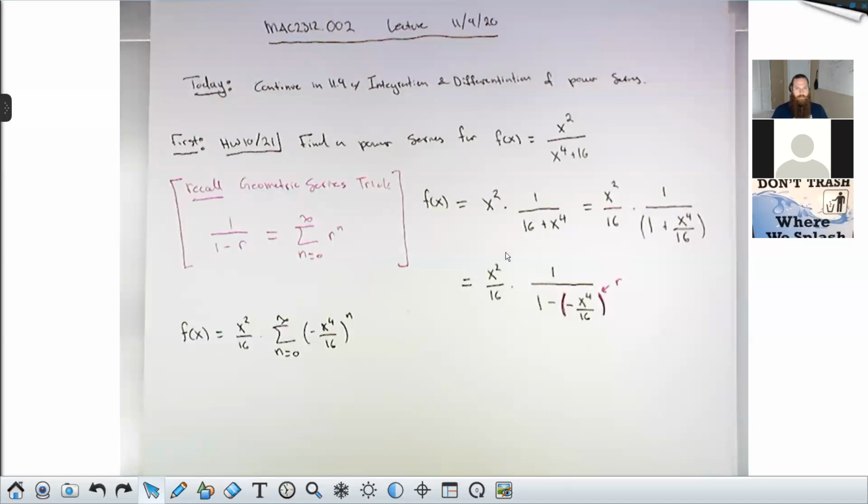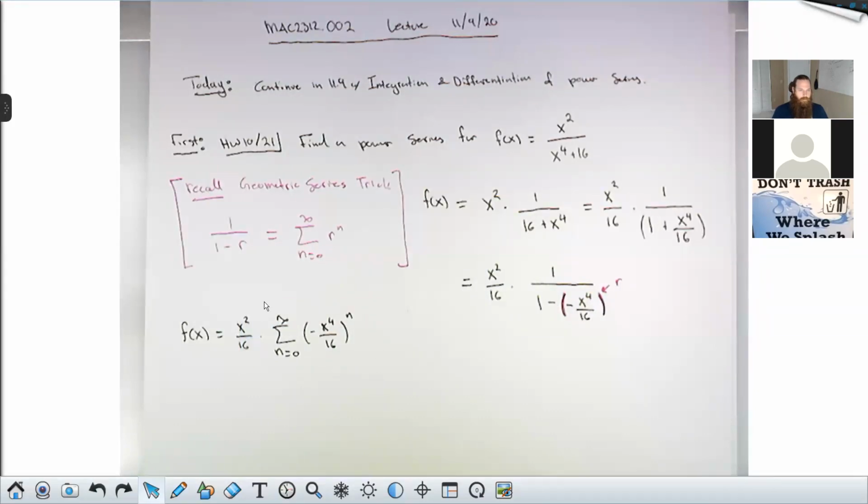Everybody see that? This is 1 over 1 minus r, where r is negative x to the 4 over 16. So this piece can be written like this. And then the x squared over 16 just comes along for the ride.